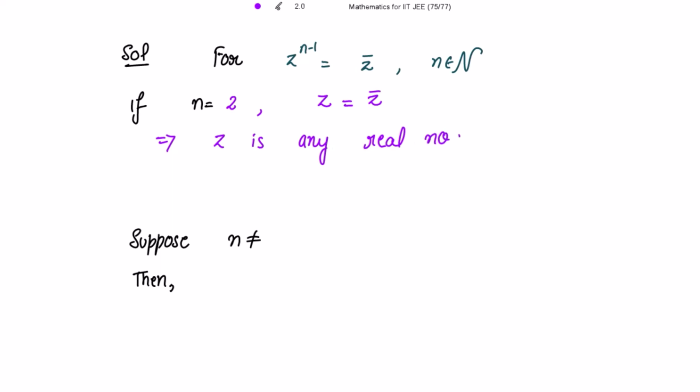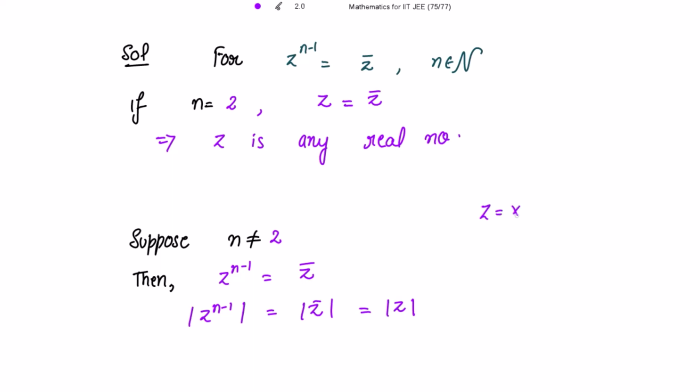So let's suppose n is not equal to 2. Then z to the power n minus 1 is equal to z bar. Let's take mod on both the sides. We know that mod of z bar is mod z.